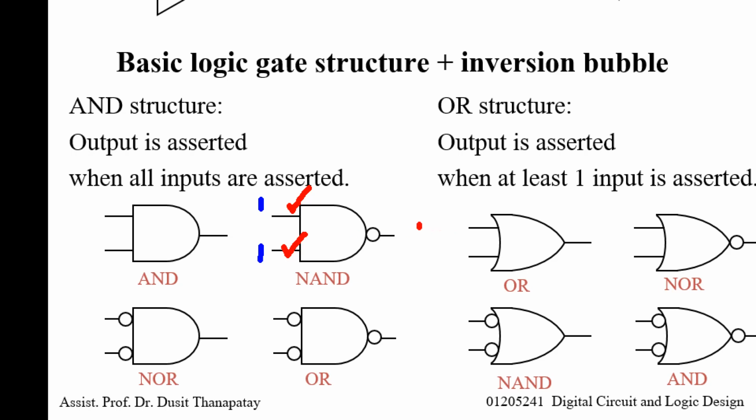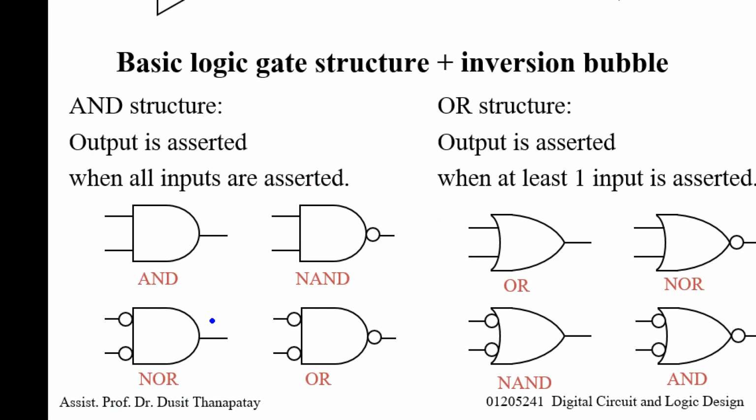So the output should be active. But the output now is active low. That means when the input is active, the output should be 0. So apply 1, 1, both active, output active. Active low, so output is 0.